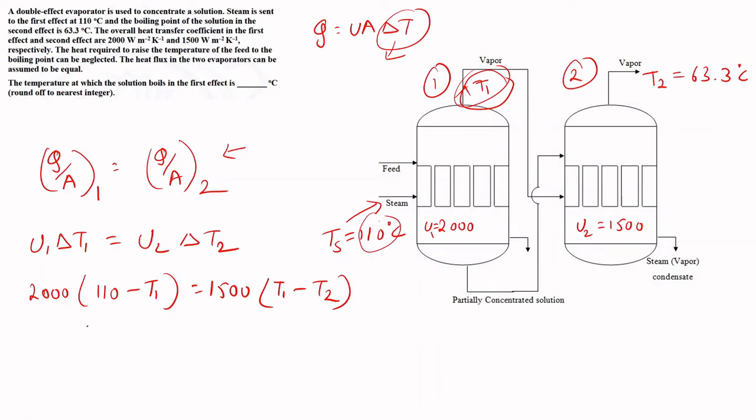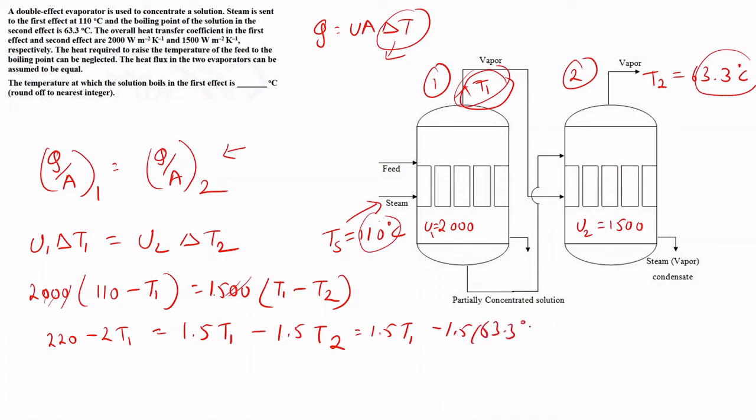So we can write this as 220 minus 2T1 is equal to 1.5 T1 minus 1.5 T2. In this case we have been given T2 as 63.3, so it will become 1.5 T1 minus 1.5 times 63.3 degrees Celsius.